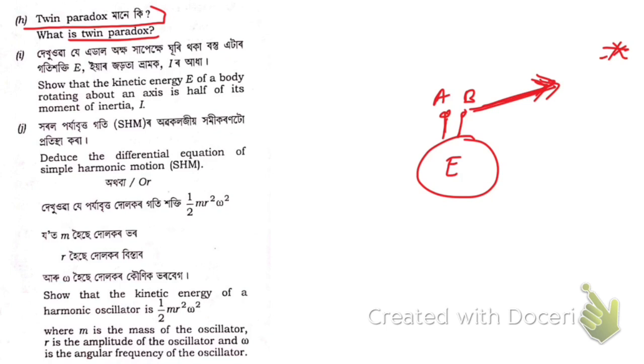When B comes back and reaches the earth, B will find that he is younger than A, so A will be older.